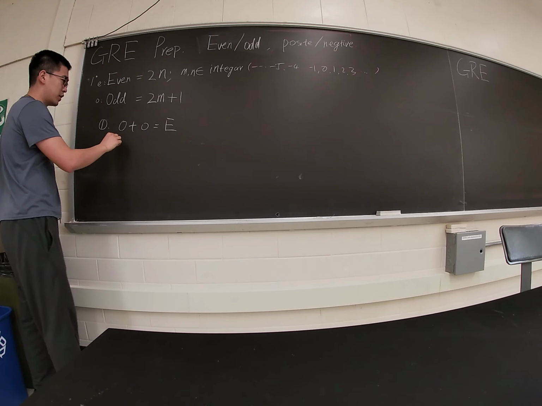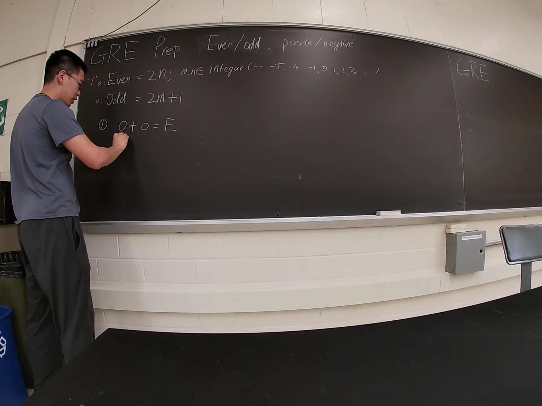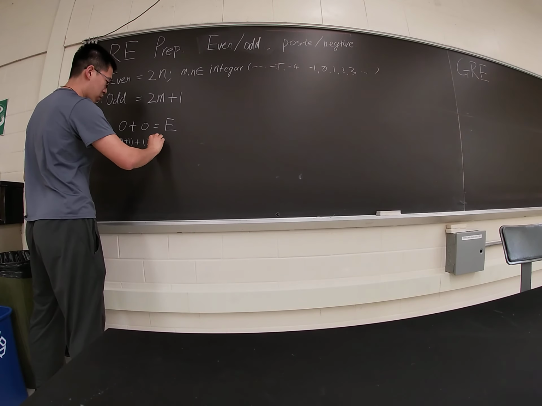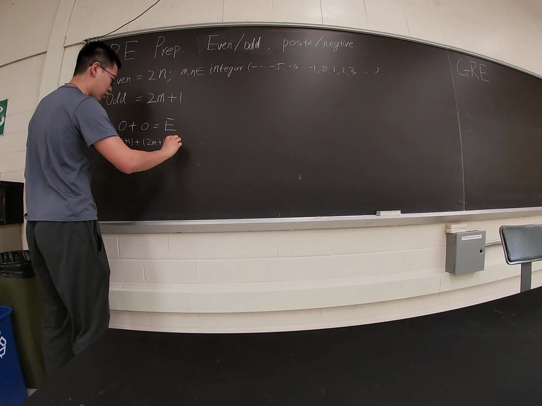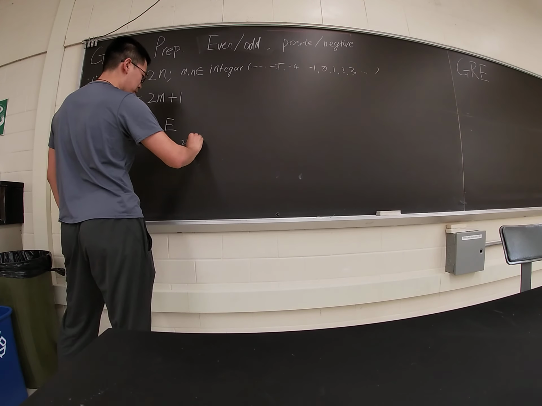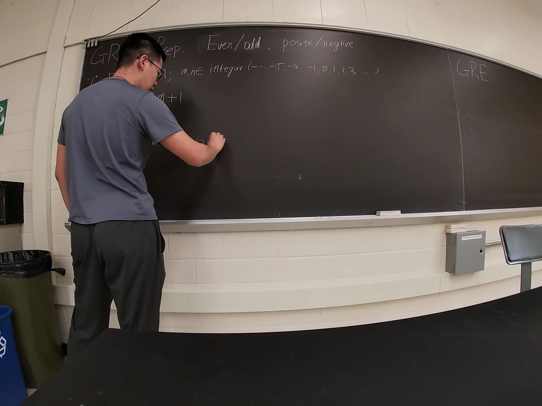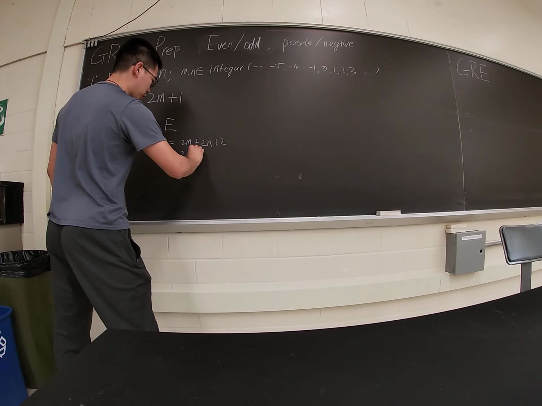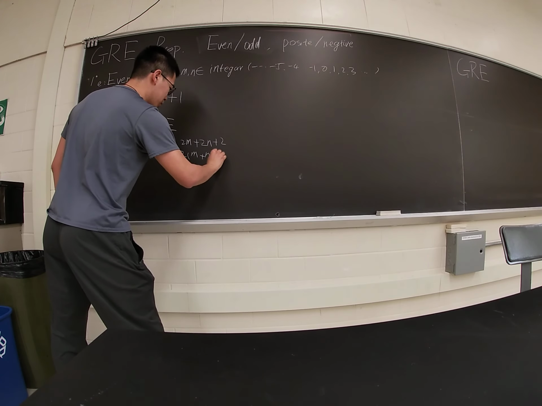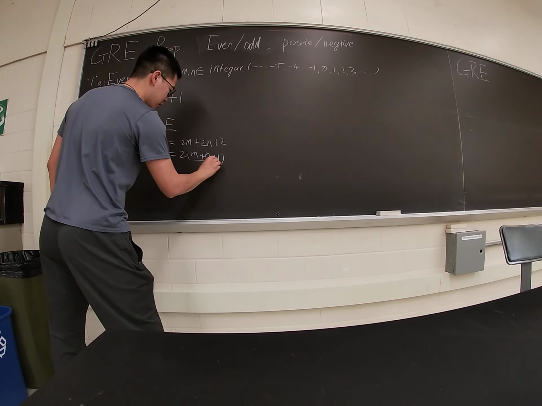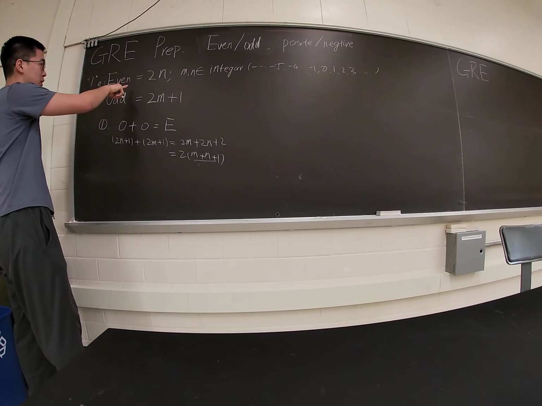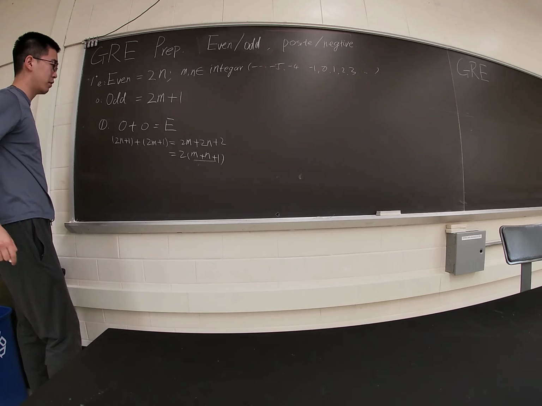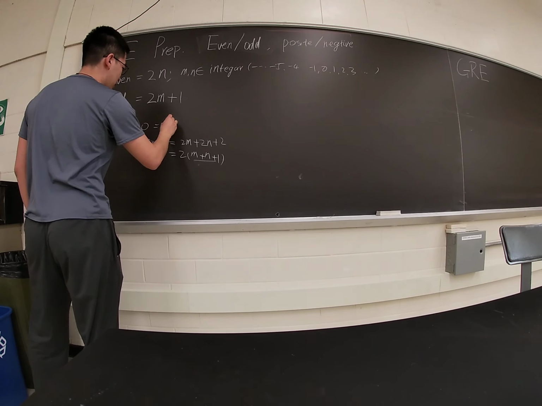You can see that by doing this: 2m plus 1 plus 2n plus 1 equals 2m plus 2n plus 2, which equals 2 times (m plus n plus 1). This whole thing is an integer, so it matches the criteria for being even. So odd plus odd equals even.